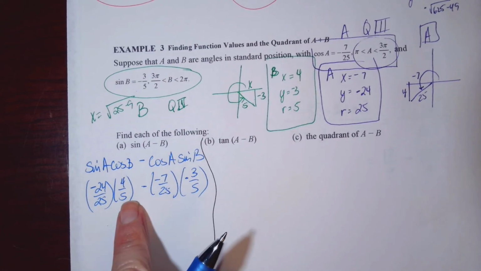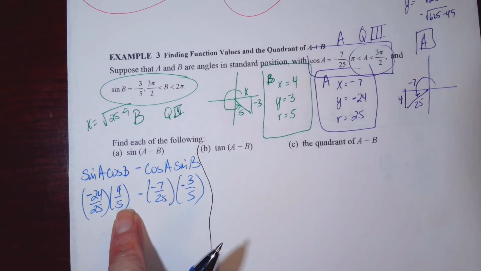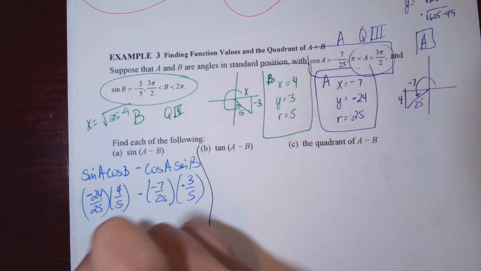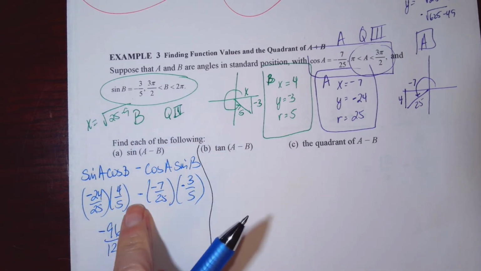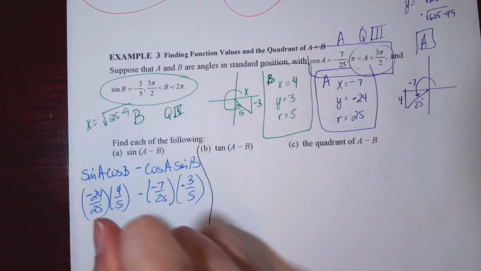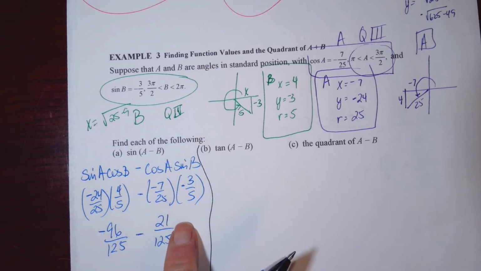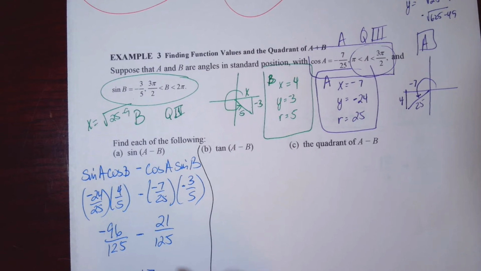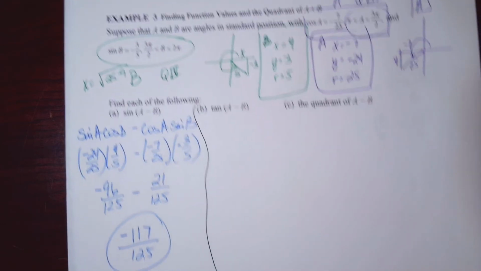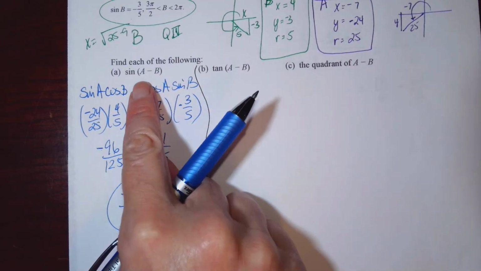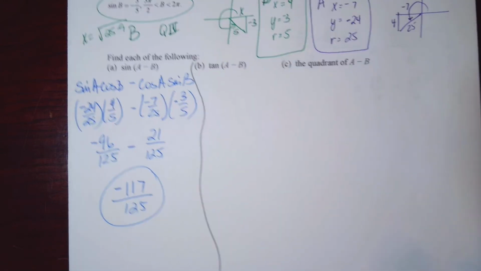So a negative and a positive is a negative, so that's a negative 96/25 minus, and then a negative times a negative is a positive 21/25. Negative 96 and negative 21 is a negative 117/25. So that's the sine of the difference of those two angles.